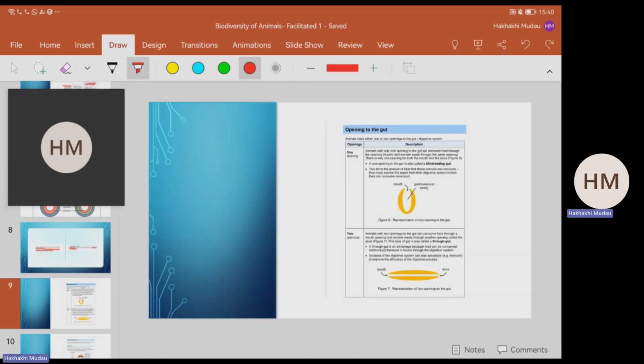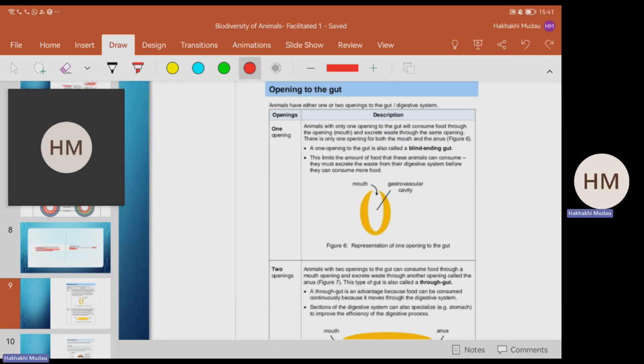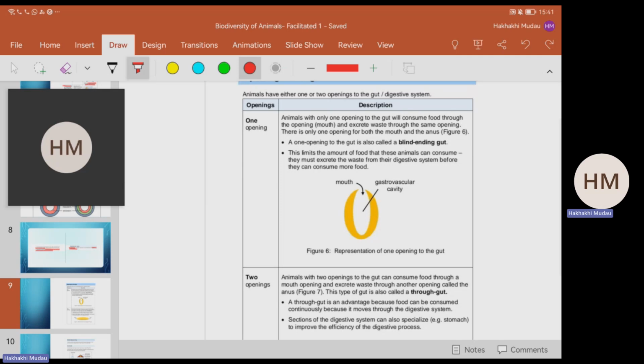I spoke about the gut and said that some animals have guts, some animals do not. For animals that have a gut, we have two types. One has one opening, which we call a blind ending gut, and one has two openings, which we call a through gut. With a blind ending gut, since it has one opening, food will be ingested in the same opening that expels waste.